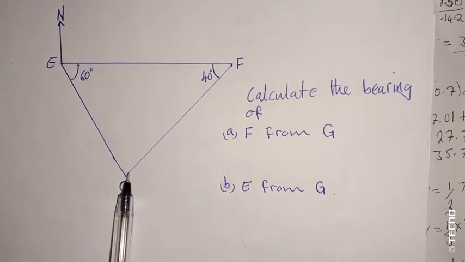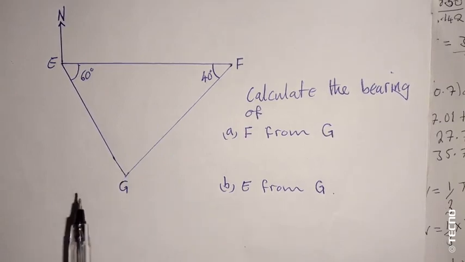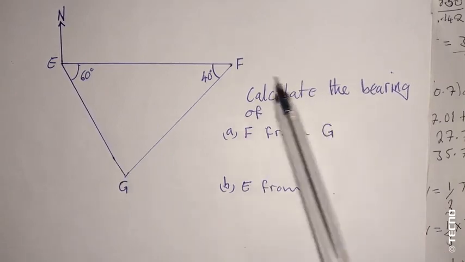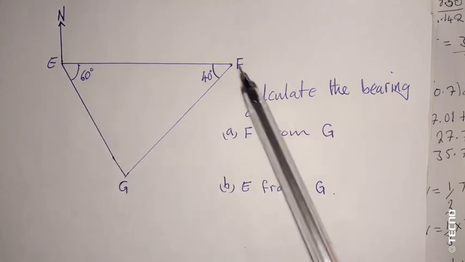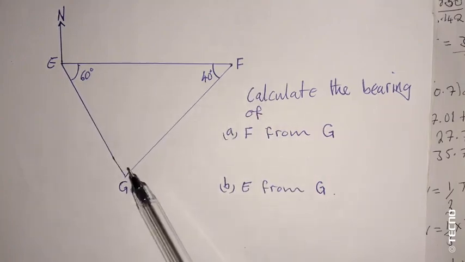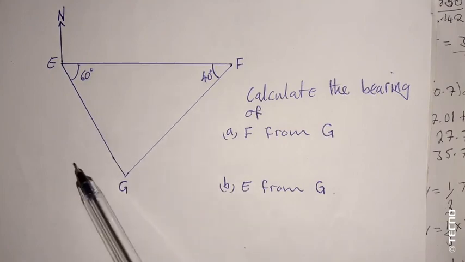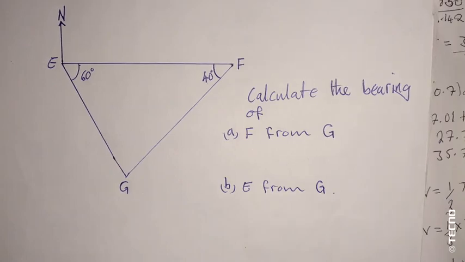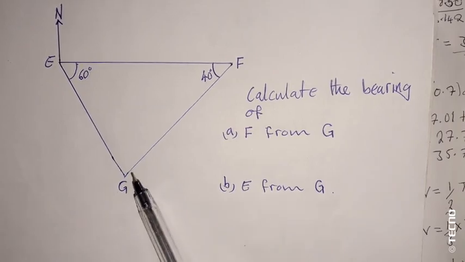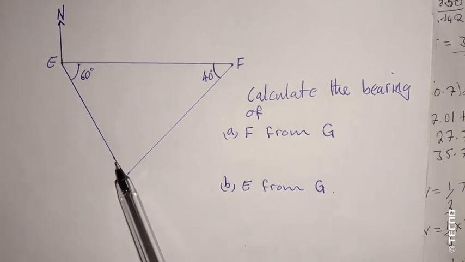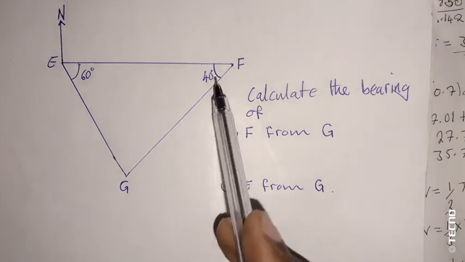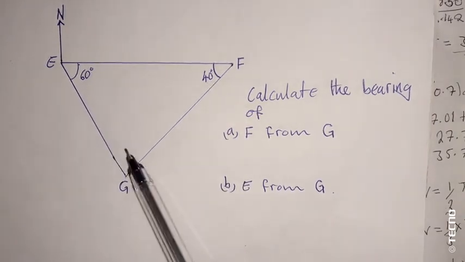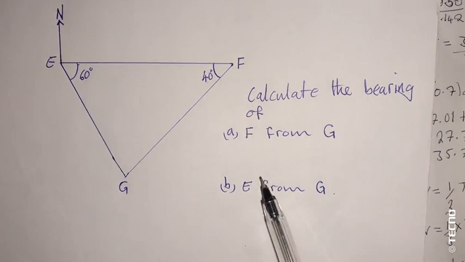So now how can we find the angle at D? Remember, when you are dealing with a triangle, the angles in a triangle add up to 180. Okay, 180. So first thing, we can complete the angles in this triangle before we can answer this question.